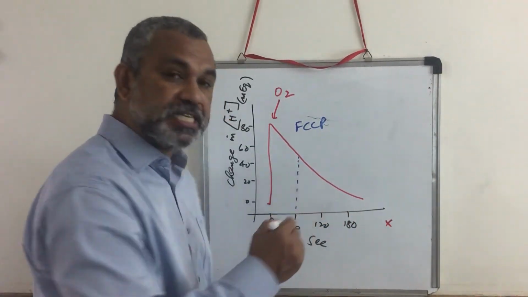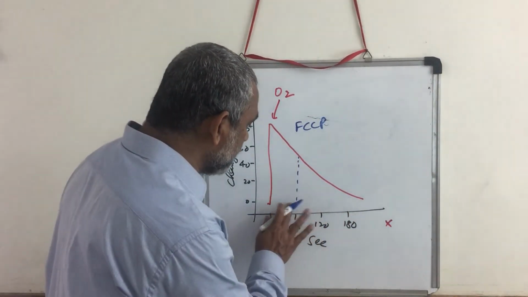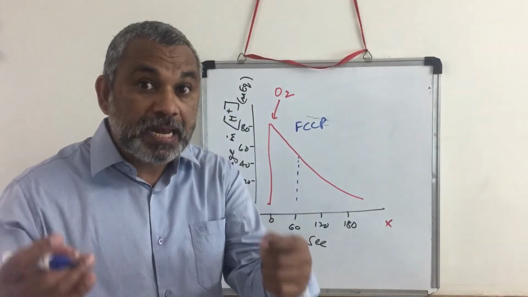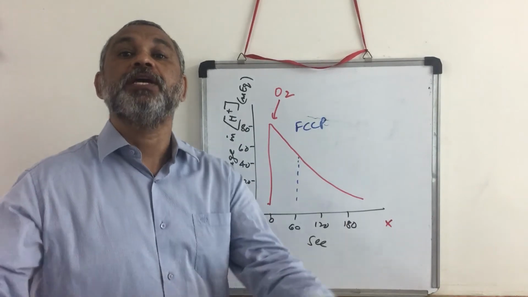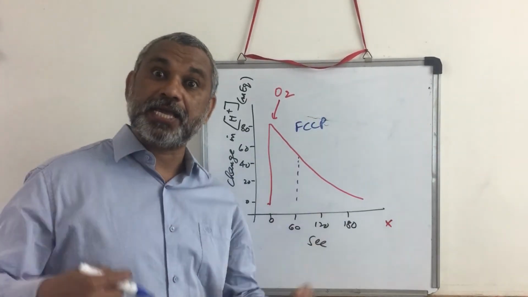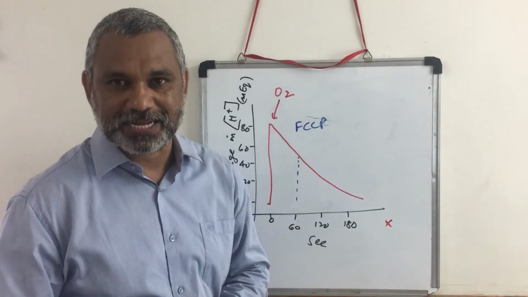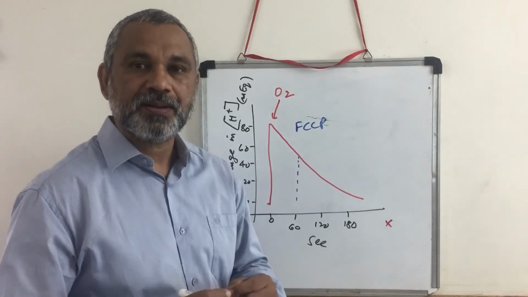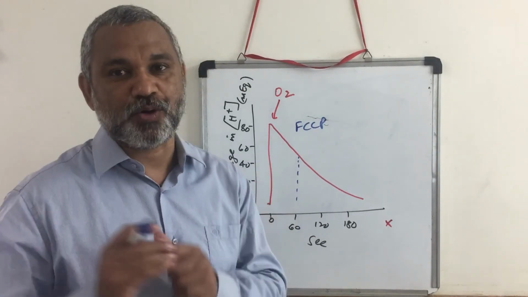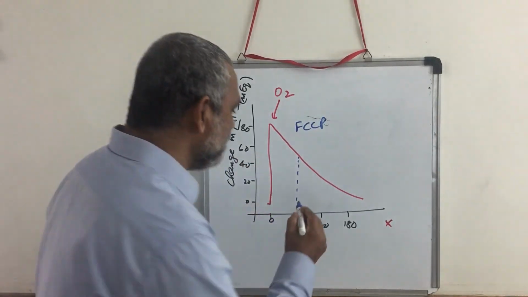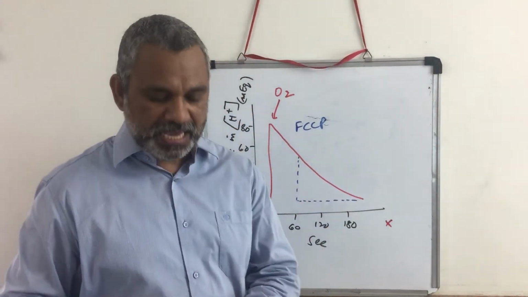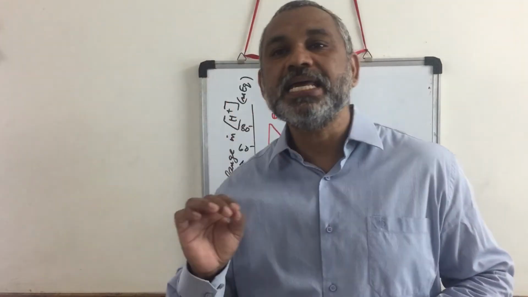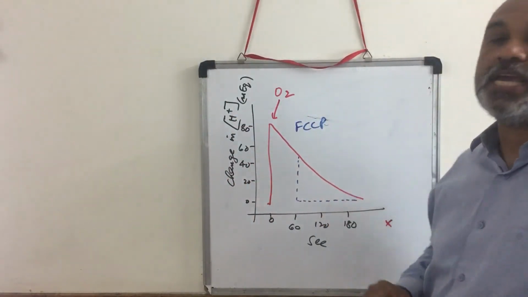Once the oxygen is used up, FCCP will help the protons to be taken back into the mitochondrial matrix. That can be denoted in this way. So this is the decline curve by using FCCP.